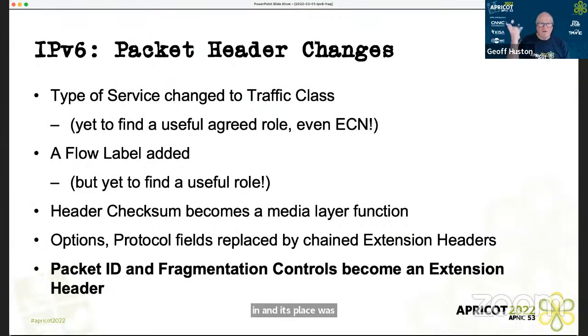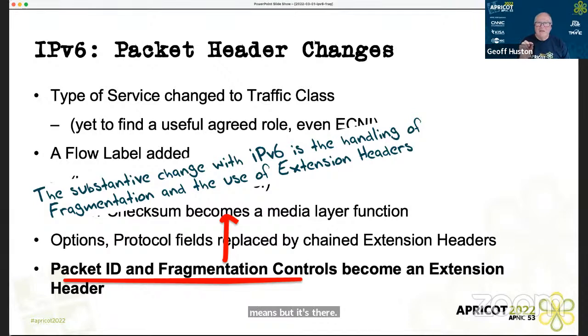The type of service was traffic class. We don't know what it means, but it's there. We have a flow label. We don't know what it means, but it's there. Whoops. The header checksum's gone. That's media layer. And now we've got extension headers, including packet ID and fragmentation. Now, that was the big change because fragmentation was actually the thing that made V4 work over all kinds of networks.